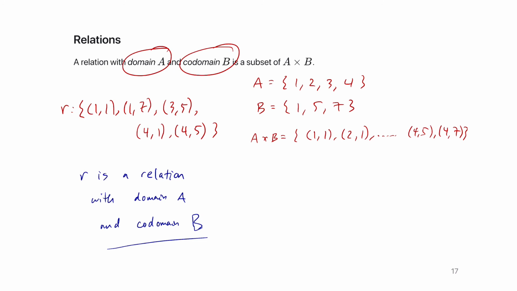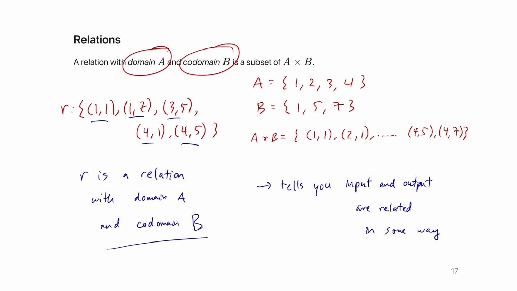It just tells you that these input and output pairs, which is one way you can think of it, are related in some way. So all this is telling us is that 1 and 1 are somehow related, 1 and 7 are also somehow related, 3 and 5 are related, 4 and 1 are related, and 4 and 5 are related. Okay? And the relation is just this set R.